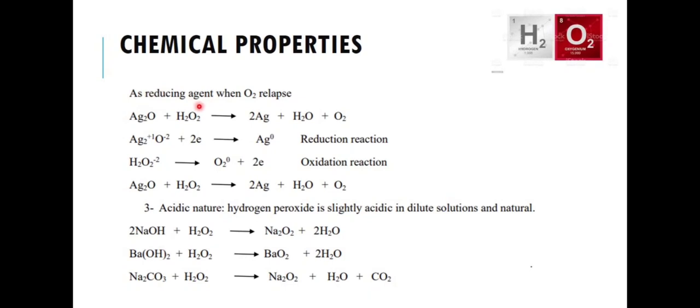The 20 volume solution contains not less than 5% and not more than 7% weight by weight of hydrogen peroxide, corresponding to about 20 times its volume of available oxygen.